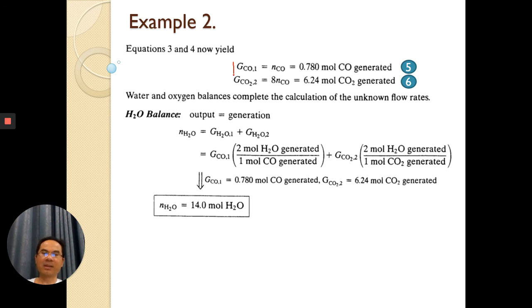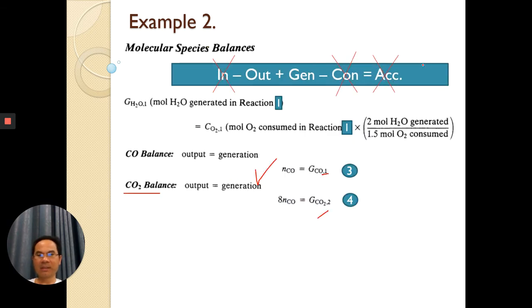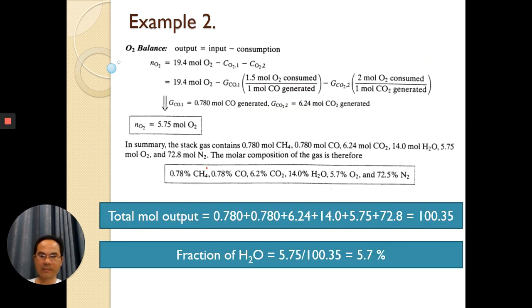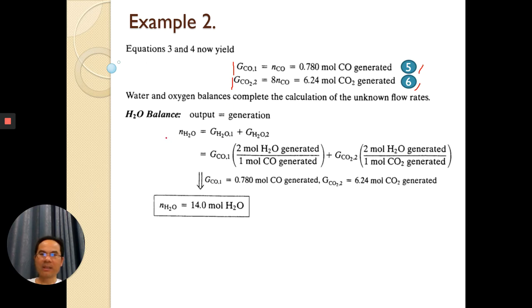Now you know NCO and NCO2, you can calculate generation of CO from the first reaction, equal to NCO, and generation of CO2 from the second reaction, equal to 8 NCO. And then you make a water balance. Output equal to generation. The water output equals water generation from the first reaction plus water generation from the second reaction.